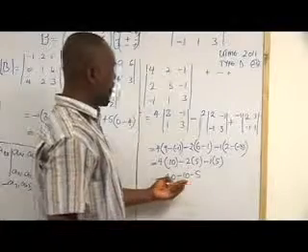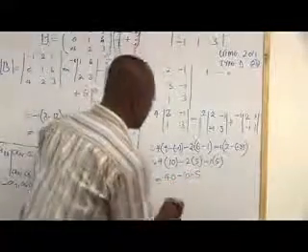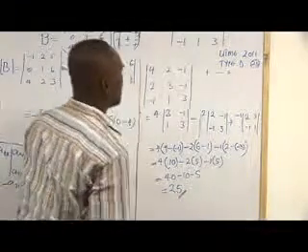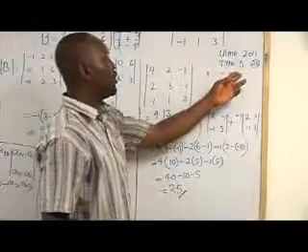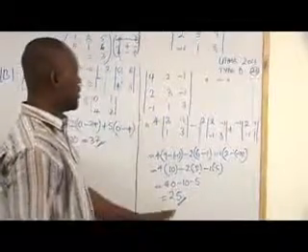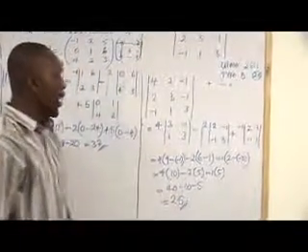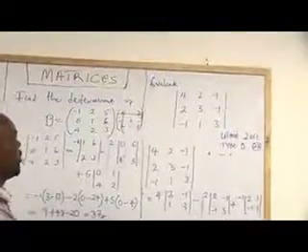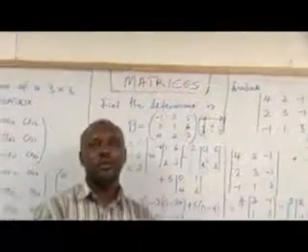That's 40 minus 10, 30 minus 5, 25. So the determinant of the matrix there for question number 25, type D, UTME 2011, happens to be what? 25. We'll take one more example, and that will be it for the determinant of a matrix.